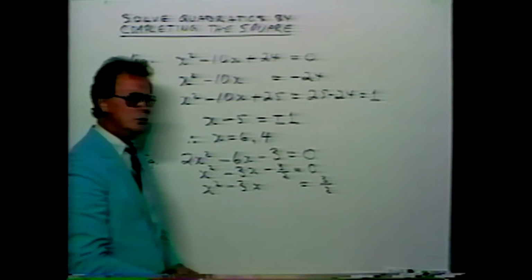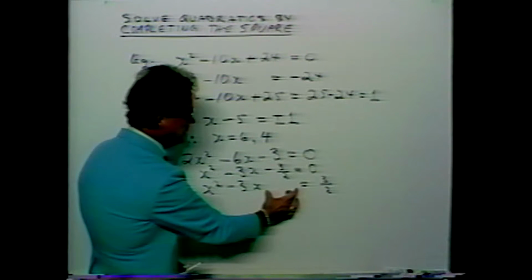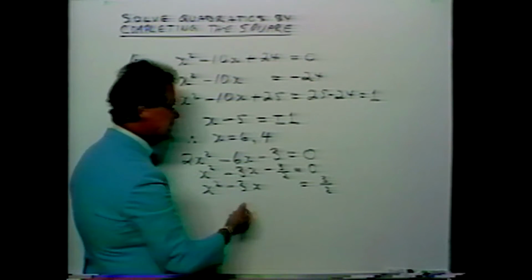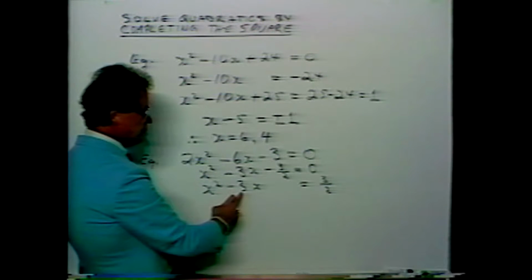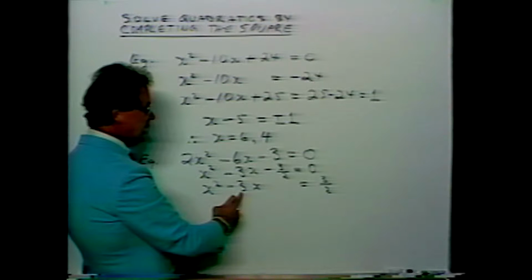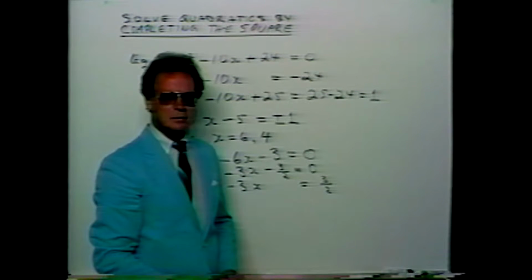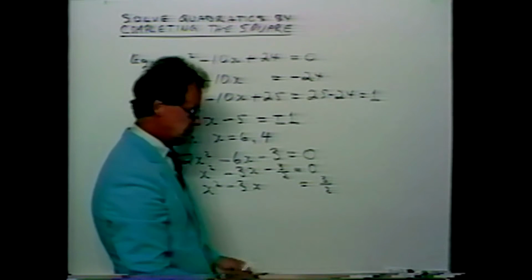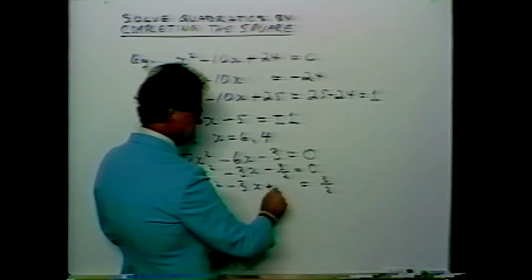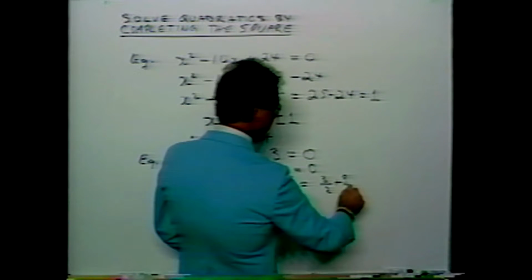Instead of taking a new line, as I did in the previous examples, I'm going to fill in this blank simply and save writing an extra line. Half of minus 3 is minus 3/2, and minus 3/2 squared is positive 9/4, on both sides.